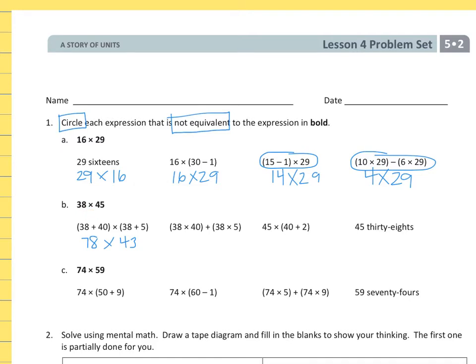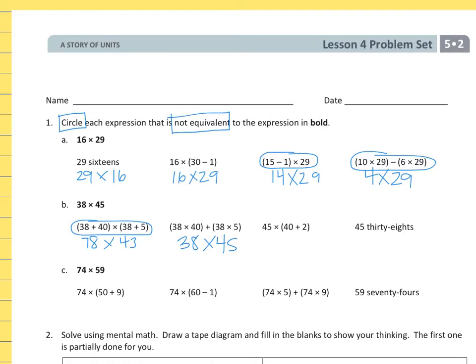So this one would not be equivalent. Now this next one, we have 38 times 40 plus 5. So that's like saying 38 40s plus 38 5s. And since the 38s are the same, we're just going to add the 40 and the 5 together. So this turns out to be 38 times 45. And that would be equivalent.